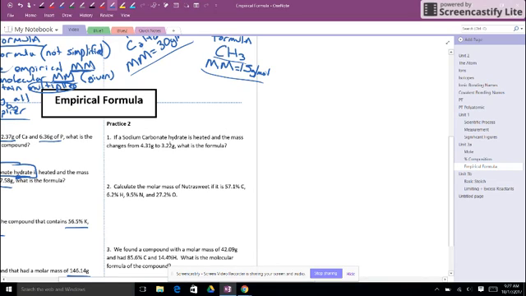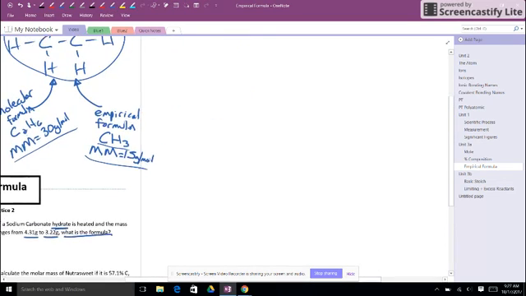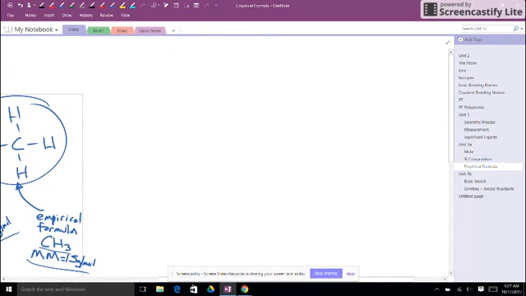If a sodium carbonate hydrate is heated and the mass changes from 4.31 grams to 3.22 grams, what is the formula? Now remember, when we heat up a hydrate, we're going to basically evaporate away that water. So we should expect to see the mass go down always. So for this problem, again, I'm going to work up here to give myself a little bit more room.